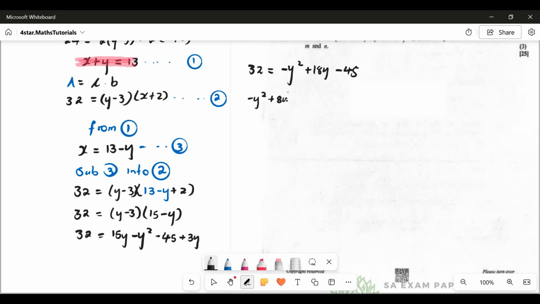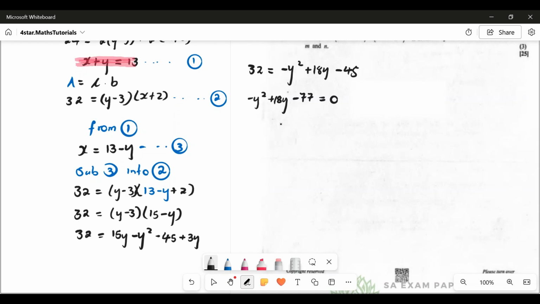Moving everything over, we have y squared minus 18y plus 45 minus 32, which gives 77 equals 0.